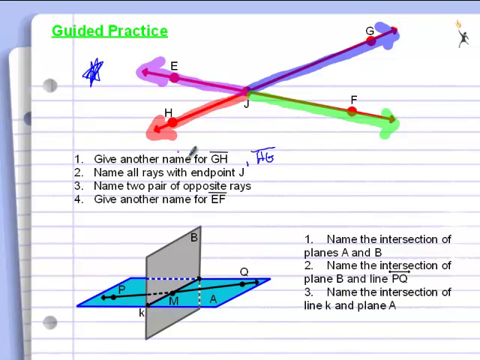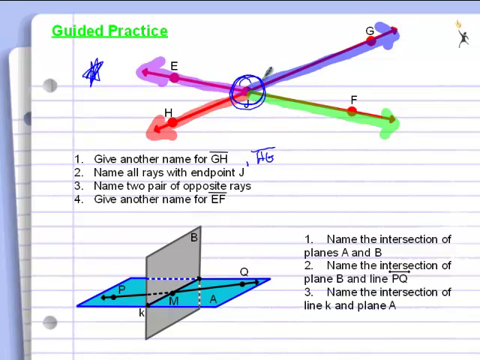Now I know the way it's written, with endpoint J, that can be kind of confusing. But what I do want you to notice is how there are 4 different rays going in different directions here. Each of those shares the same point J. That's because J is the endpoint. The endpoint is kind of that starting point.